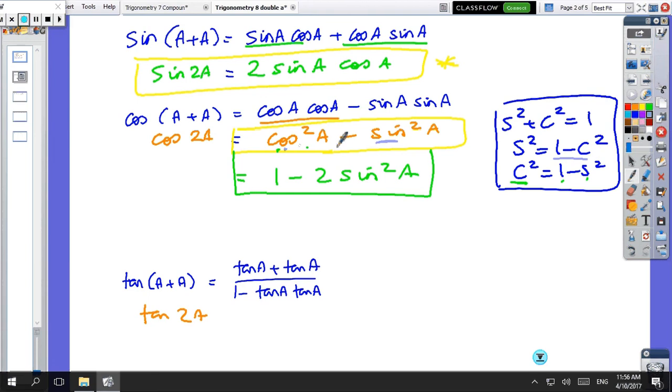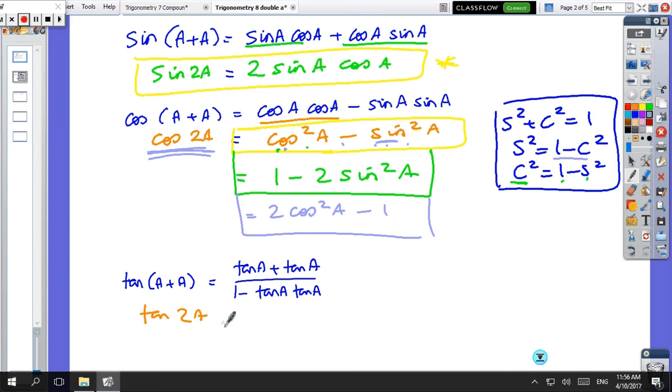So I end up with cos squared minus 1 minus cos squared. We end up with 2 minuses. And so the third variation, which is the same formula for cos 2A, is 2 cos squared A minus 1. So cos 2A has 3 variations, and they all work.